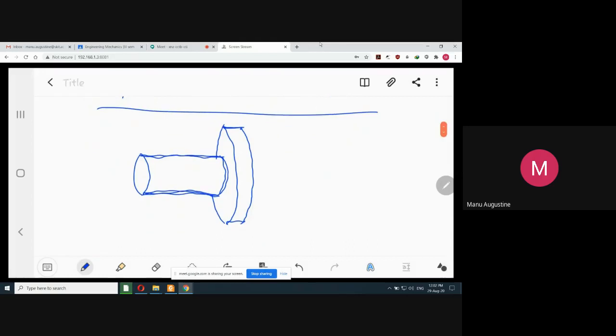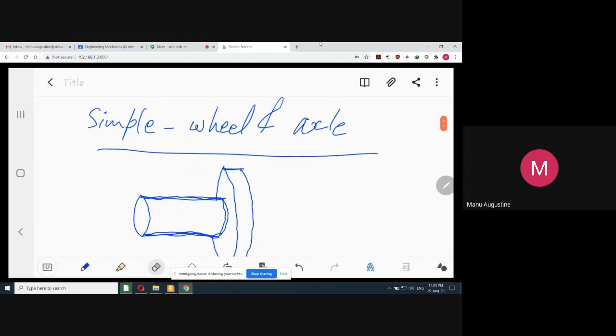So whenever you see a structure like this, you say that this is a pulley. And whenever you see a structure like this with a long body, then you say that this is an axle. But basically, both of them are pulleys. An axle is a pulley having a long length along the cylindrical centroidal axis. That's all. Otherwise, they are both pulleys only. So anyway, this was the simple wheel and axle.